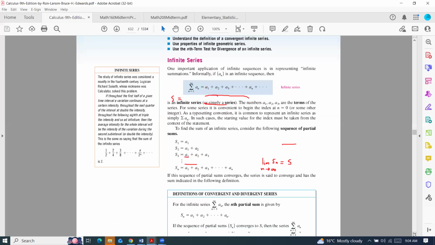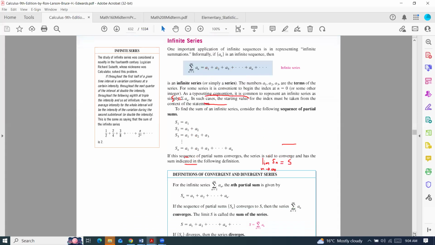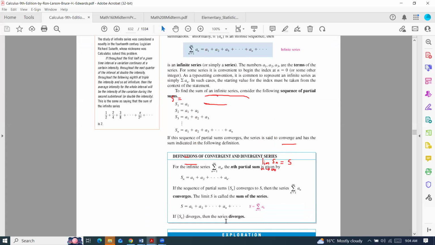So they actually start discussing it here down below, so they call it a capital S, the sum of this infinite series.